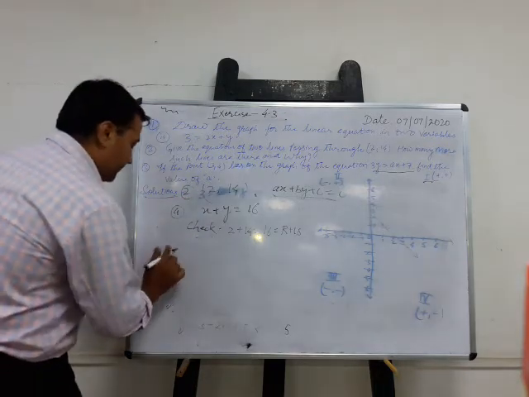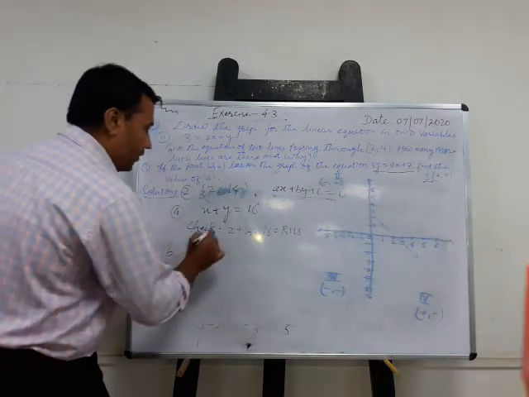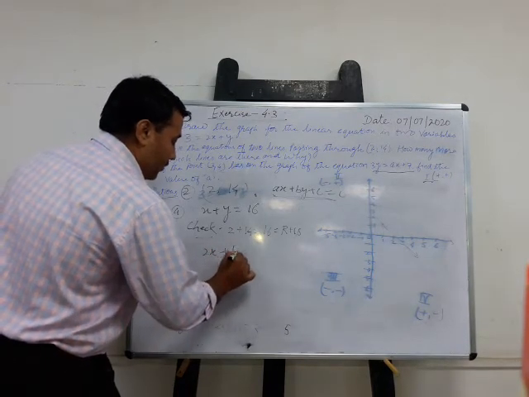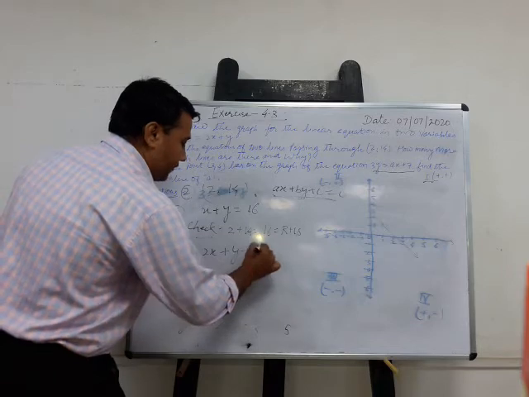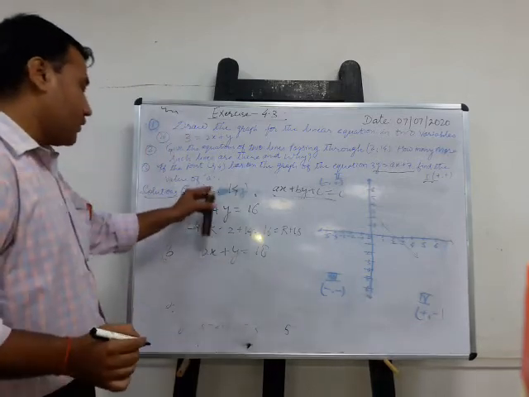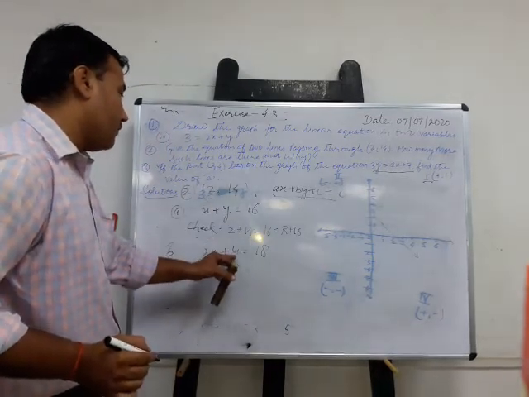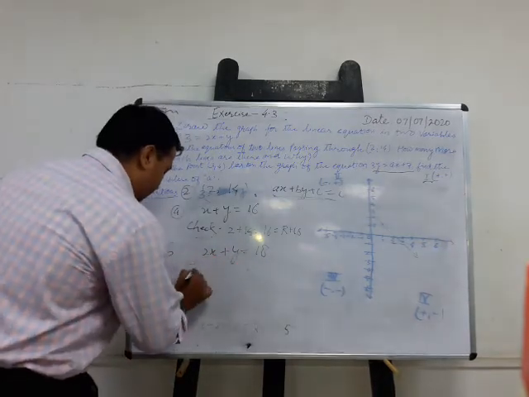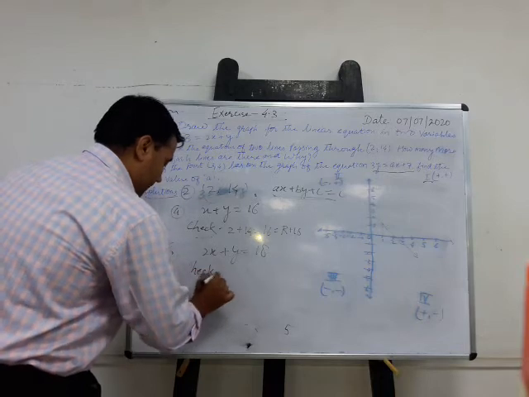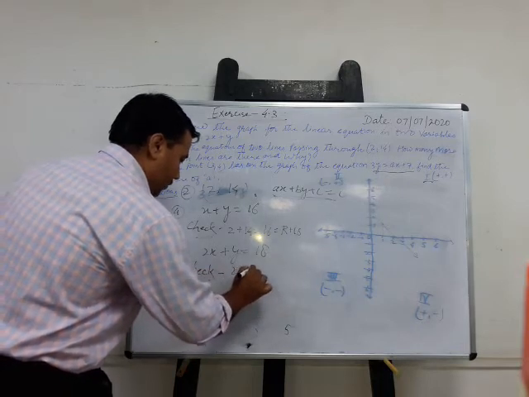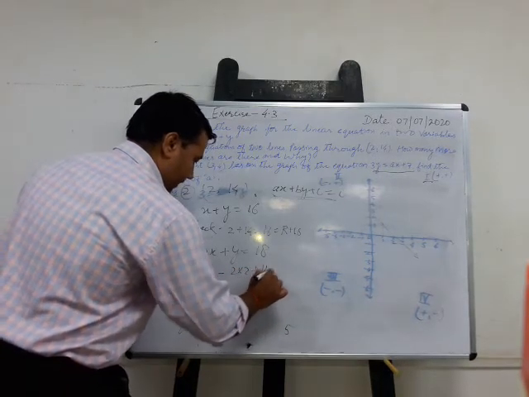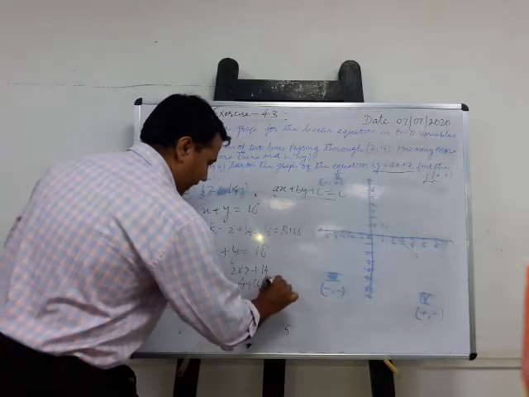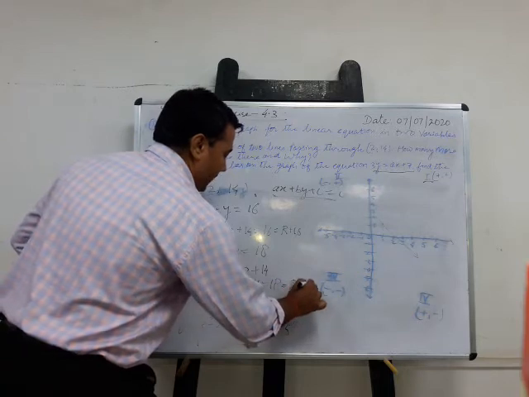Now B. Again you write 2x plus y equal to 18. Let us check: if x equal to 2, 2 times 2 is 4, plus y equal to 14, 14 plus 4 equal to 18, and 18 is the right hand side.